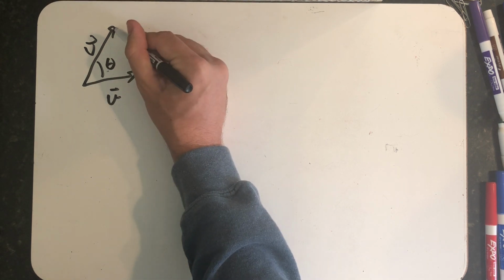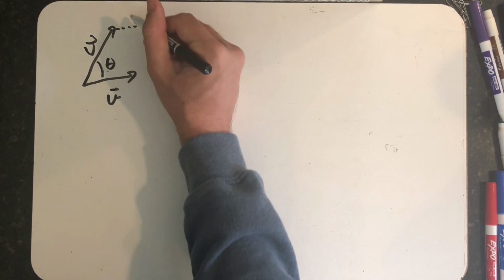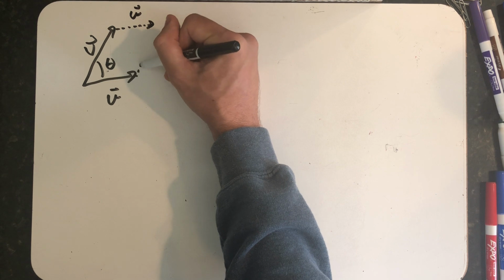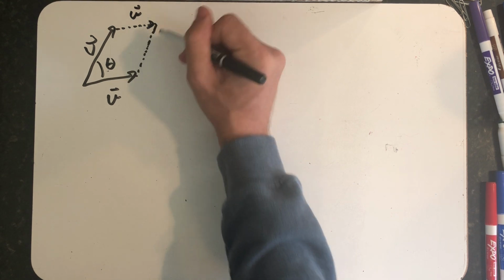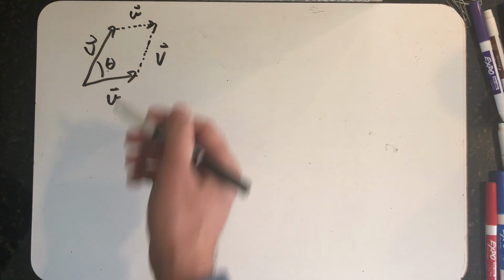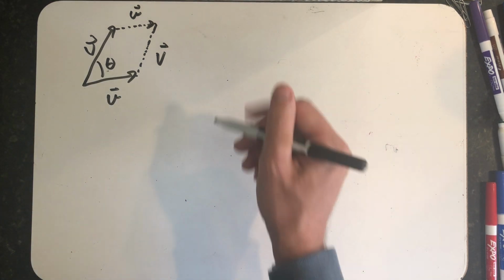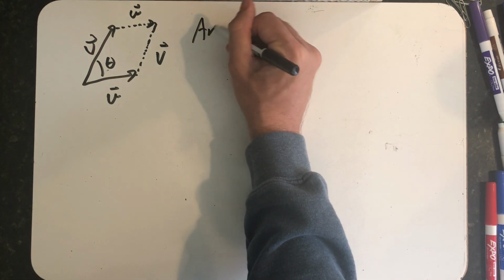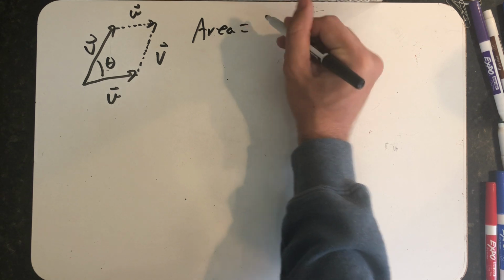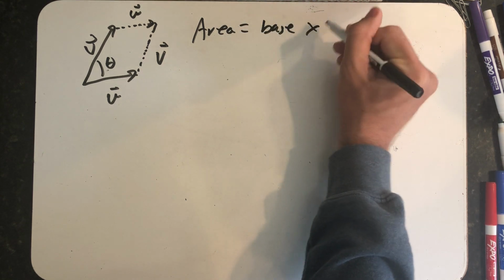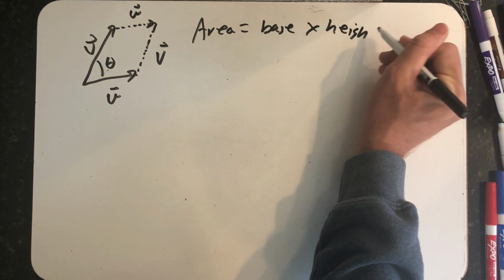Angle between them. And if I construct a parallelogram, like I was thinking about the parallelogram law from before, if I want to calculate the area of that parallelogram, I'd have to remember that the area is a base times its height when I'm talking about a parallelogram.